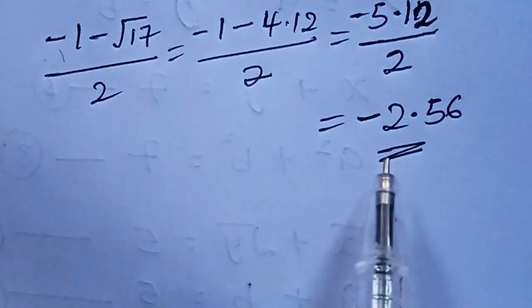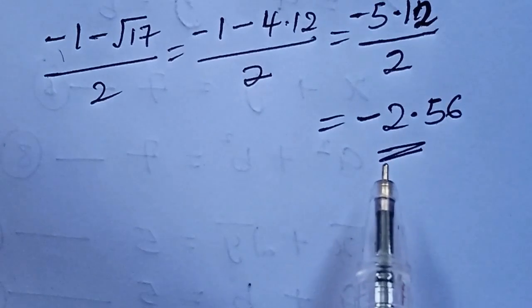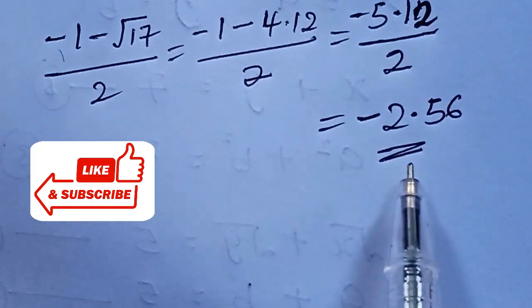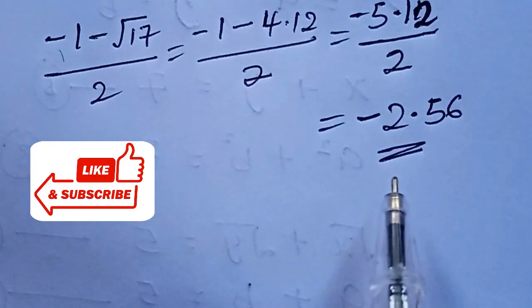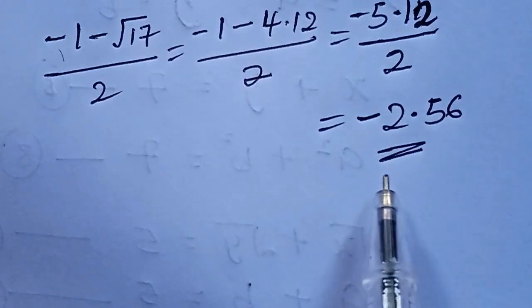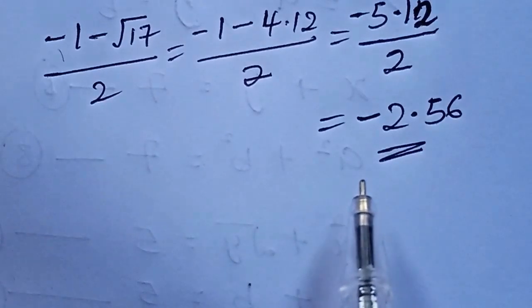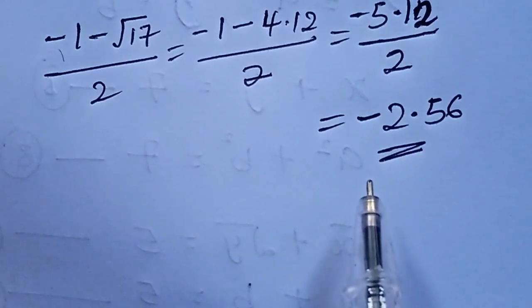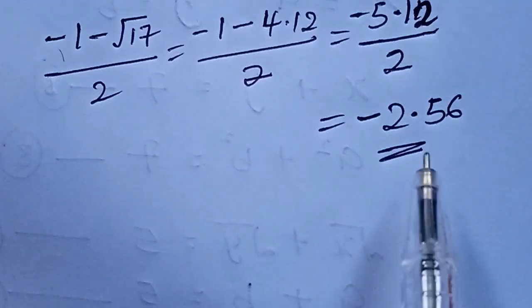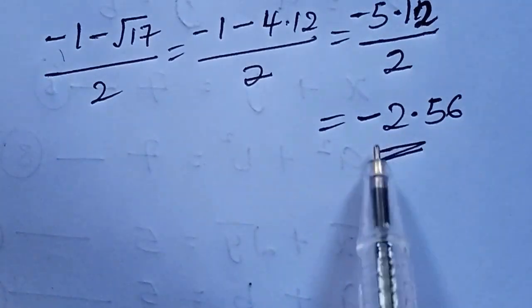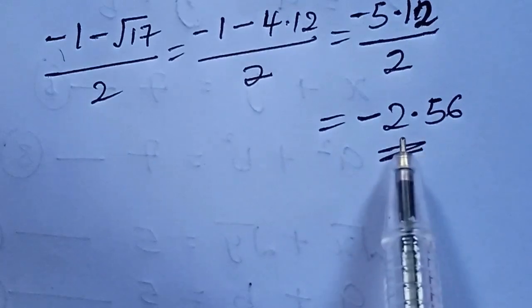So this second value is not valid because it gives us a negative square root. The square root cannot be negative. Okay, so we discard this. We are not going to make use of this value.